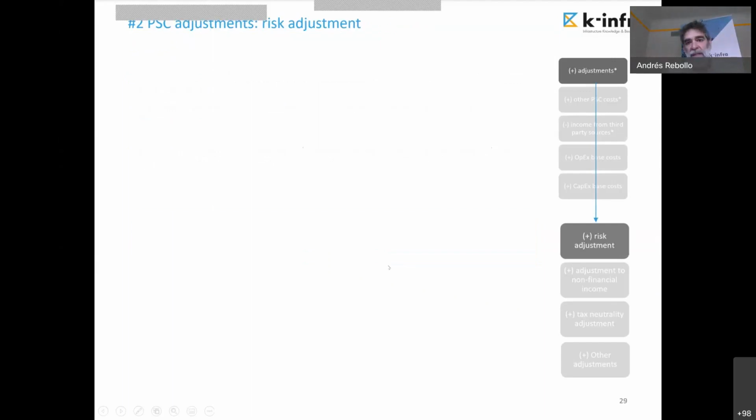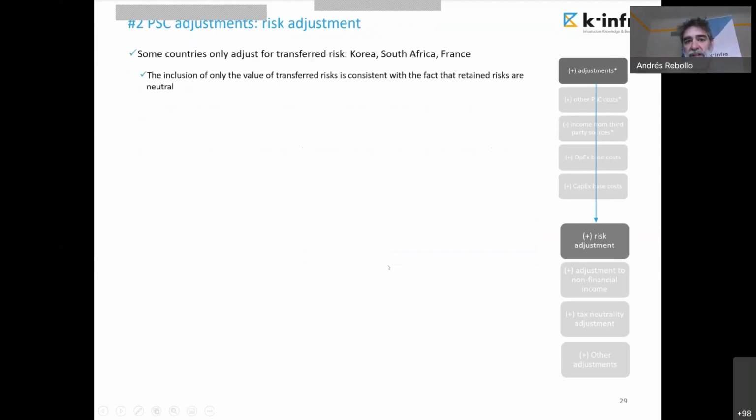Oh, risk adjustment. Some countries only adjust for transfer risk. So we only put an adjustment for the value of the risk for me as a government of those risks that I am transferring in the PPP, okay, to make apples to apples. But I only consider the transfer risk, like in the CP3P, Korea, South Africa, France.